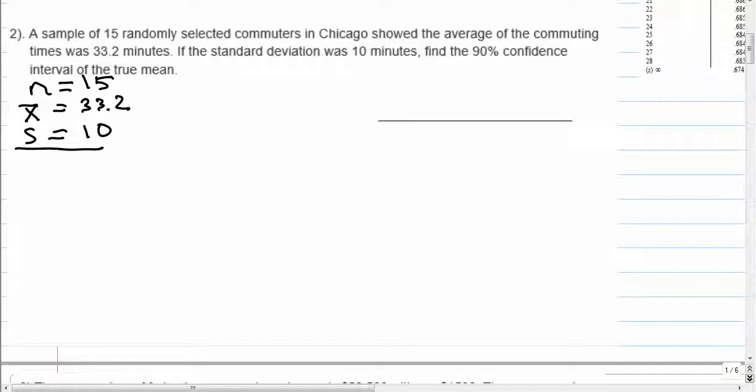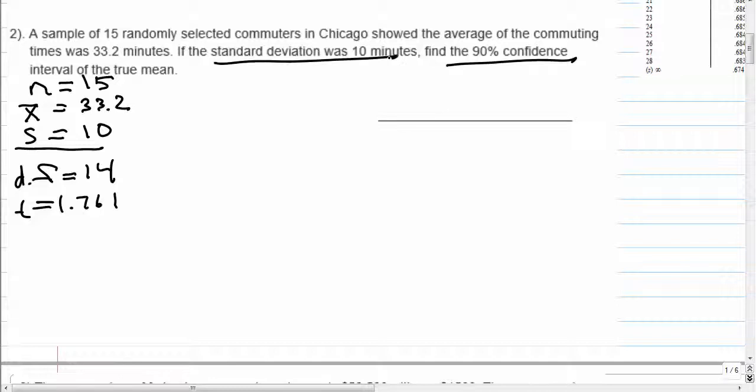So there's really no difference in the formula itself, other than we're going to have to look at the t-value. And for the t-value, we need to know the degrees of freedom. And those degrees of freedom is 15 minus 1, 14. One less than the sample size, right? So you look up the t-value, you can do that. And t turns out to be 1.761. So, again, key word here, confidence interval.